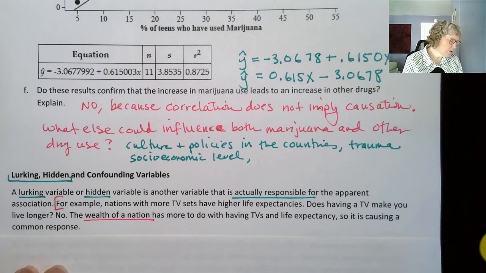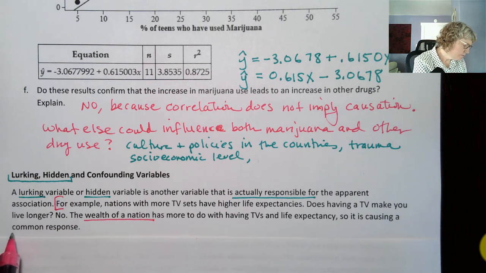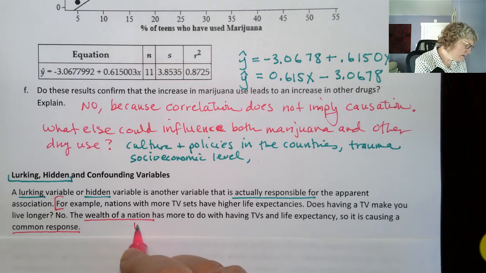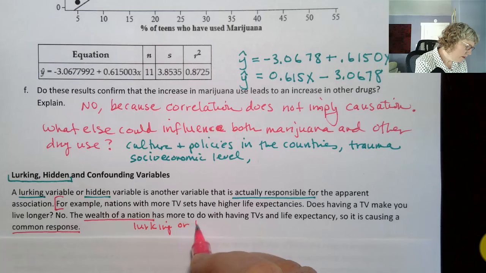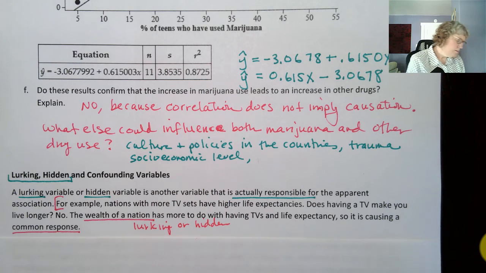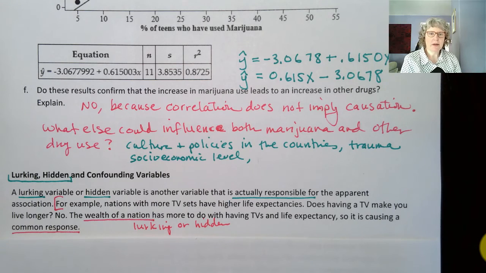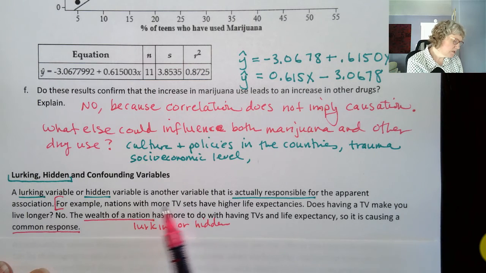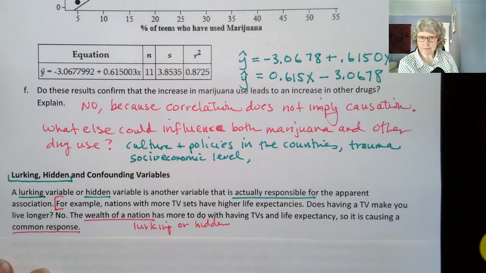So it's causing a common response. Okay, so this is a lurking or hidden variable, because it's actually a different variable that's causing the relationship. It's causing both more TV sets and higher life expectancy, okay?